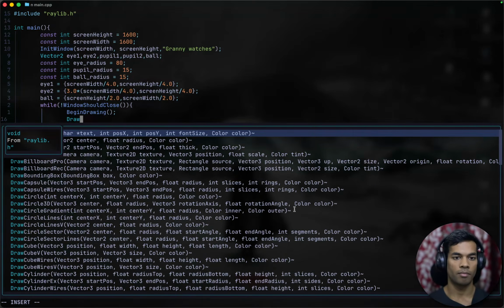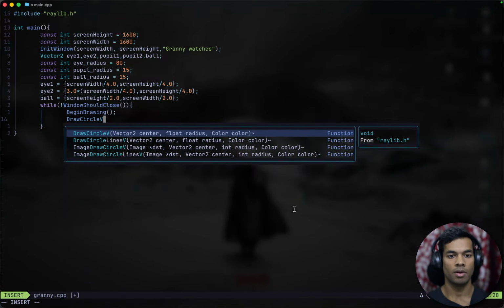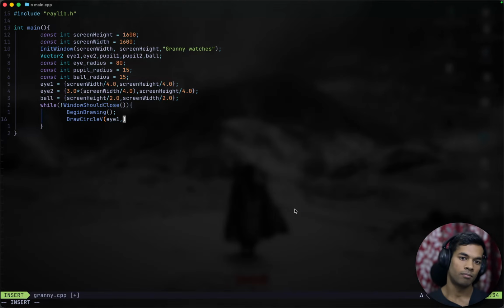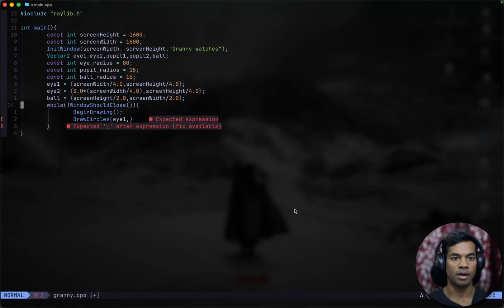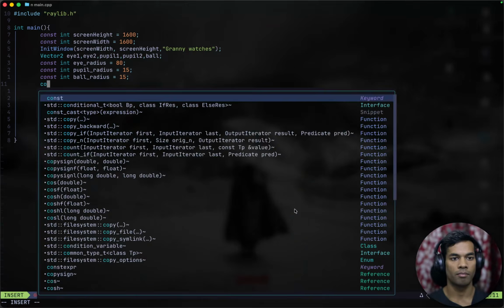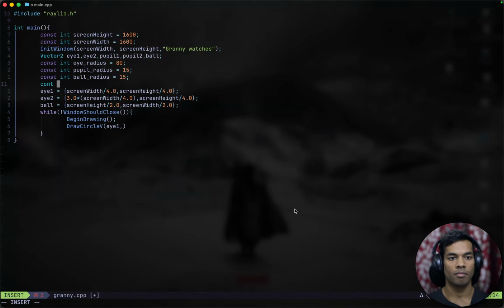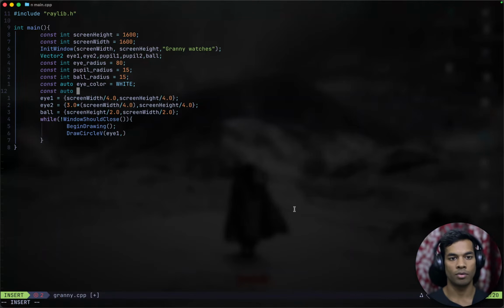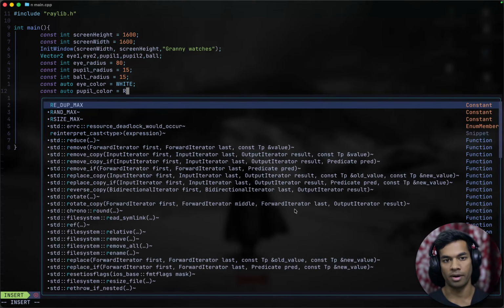And here begin drawing. DrawCircleV, I1, eye color. Const auto eye color would be white, and const auto pupil color black, red.